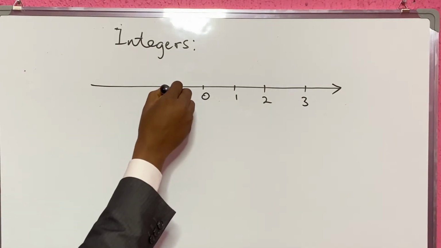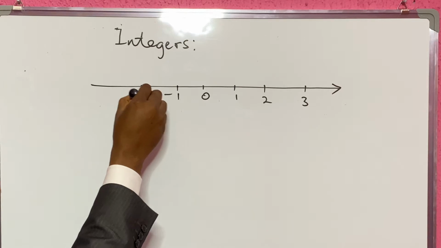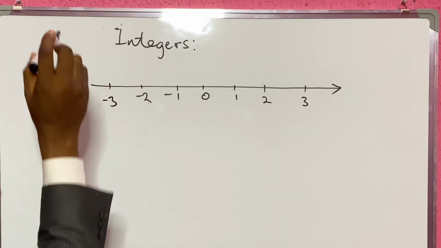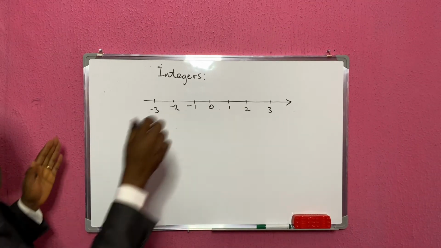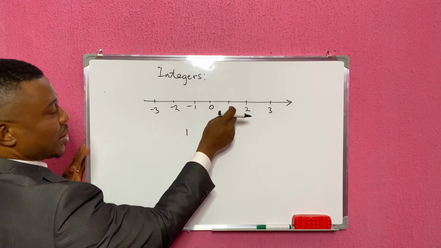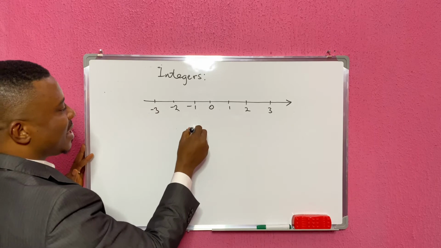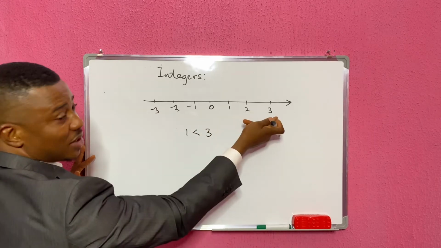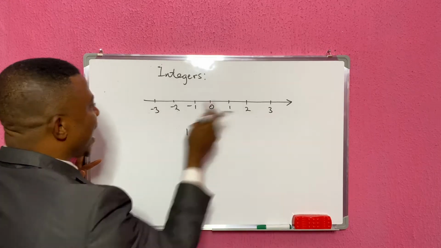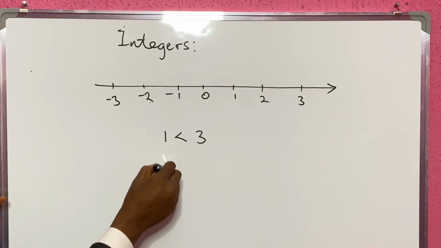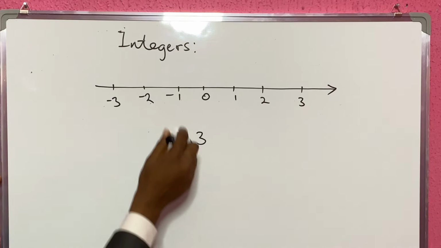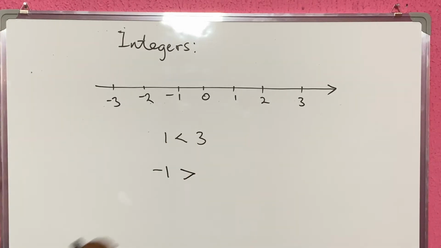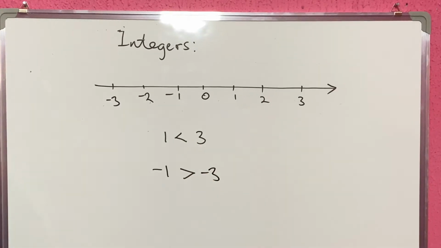Here is -1, -2, -3, and so on. This implies that -3 is less than 3, as you can see. Likewise, since it goes like this, -1 is greater than -3. Take notes.